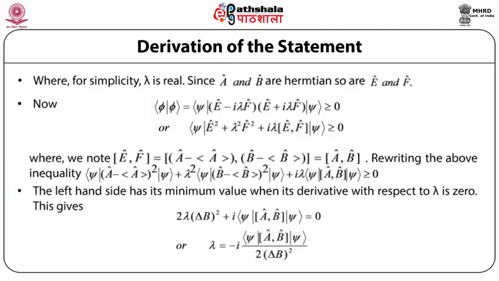Now since the operators A and B are Hermitian operators, so are the operators E and F. Therefore we can write that the scalar product of the state psi with itself, that is bra vector psi ket vector psi, is equal to bra vector psi then bracket open operator E minus iota times lambda times operator F bracket close whole times bracket open operator E plus iota times lambda times operator F bracket close acting on the state psi.